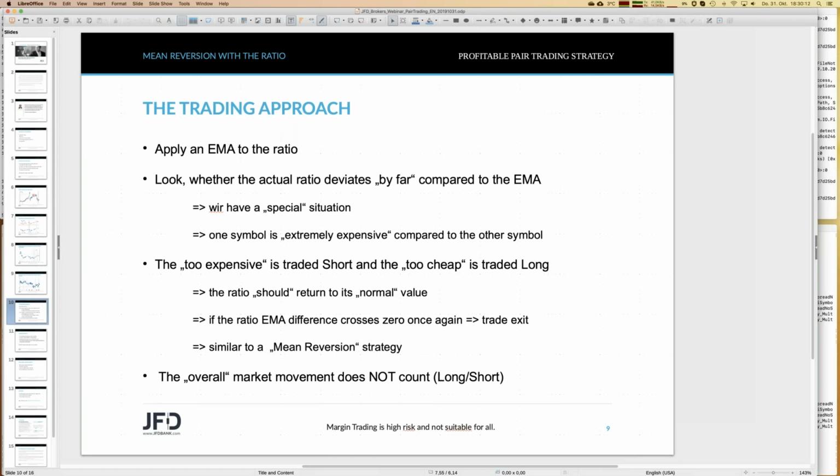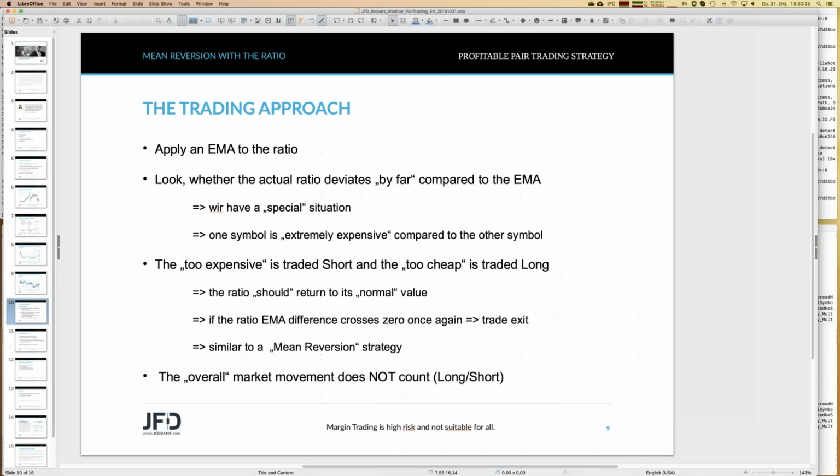What we can trade is euro US dollar, which is a quotient of those two currencies. So a mean reversion strategy on a forex pair is exactly the same as a ratio strategy on Brent WTI.